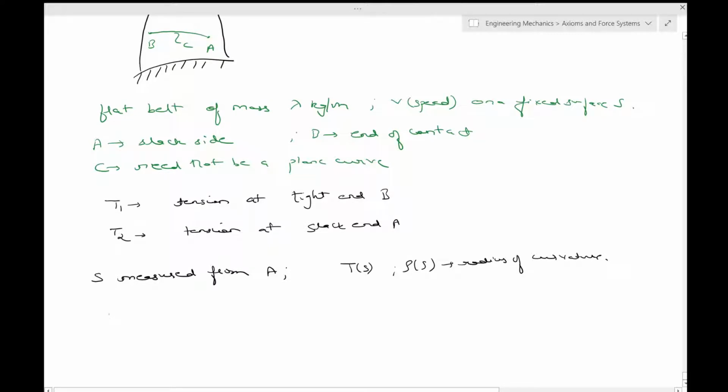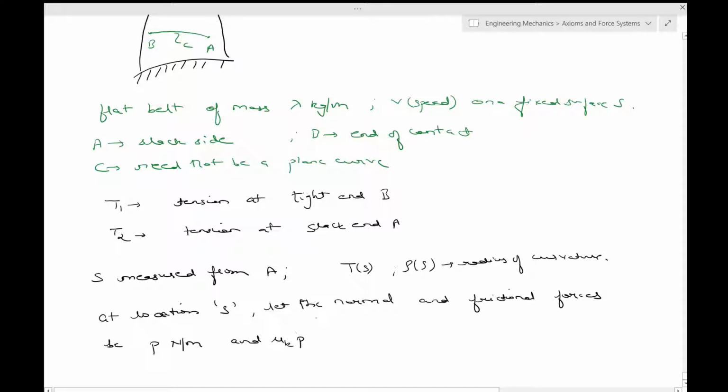So at location S, let the normal and frictional forces be P Newton per meter and mu K P Newton per meter. If it's sliding, then this is the frictional force which you can clearly assume.